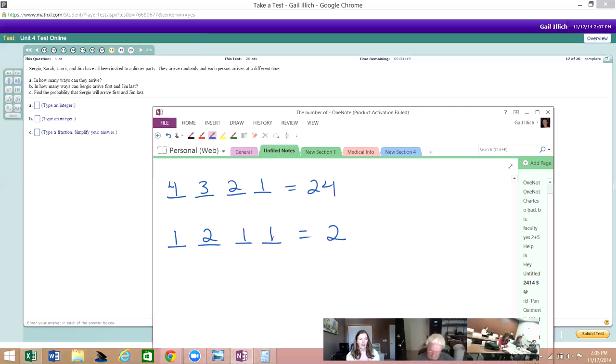And then it says, find the probability that Sergio will arrive first and Jim last. Who's got an idea on how to find that probability? One in the first slot and one in the last slot, and that would leave you 3, 2, 1 for the middle, correct? Well, no, there's only 4 people total. So if you have one in the first and one in the last, then you only have 2 people left for the middle.